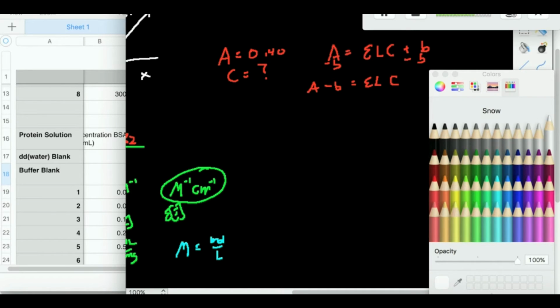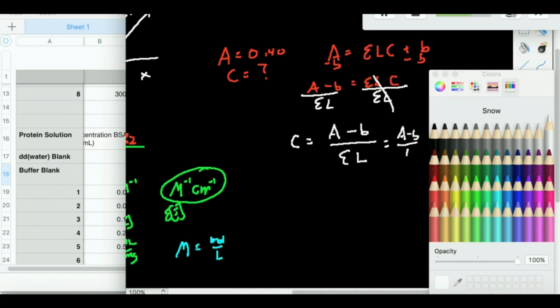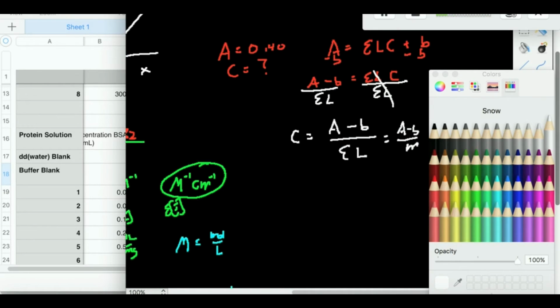Then I divide both sides by epsilon L. That gives me that the concentration is equal to the absorbance minus the y-intercept, divided by epsilon L. And remember that epsilon L is just the slope that you generated from that curve.